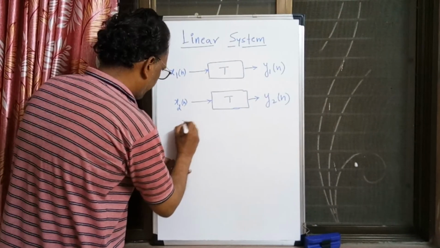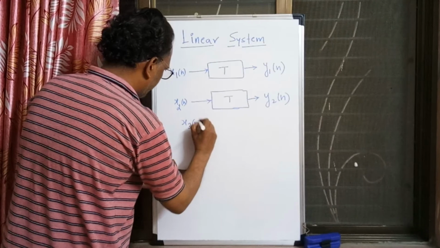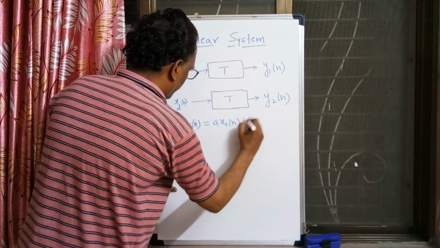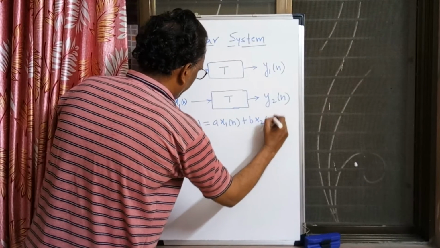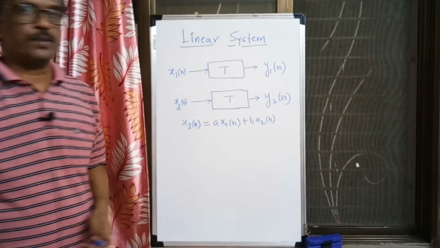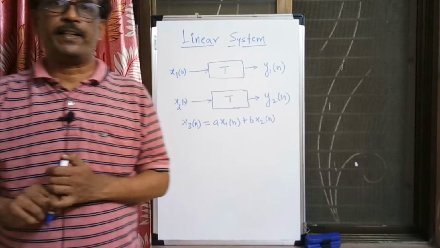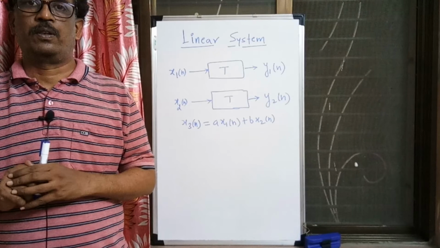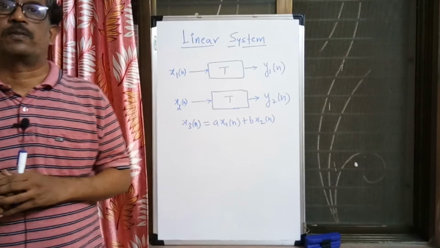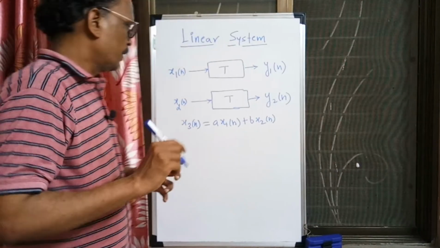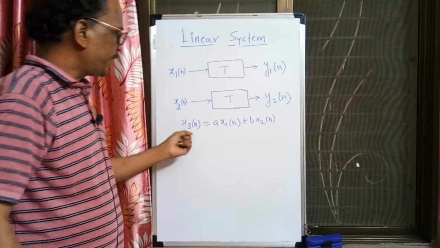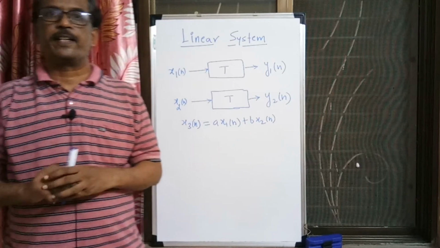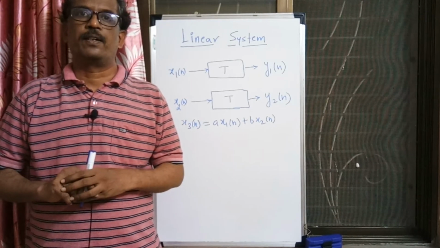Let us consider that x3[n] is a new input which is a linear combination of inputs x1[n] and x2[n]. So what is the response of the system to this input?